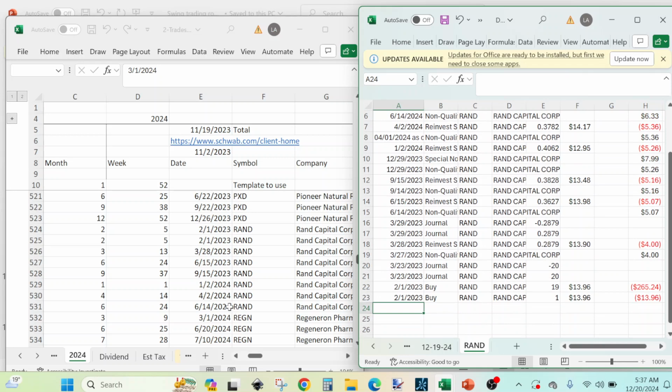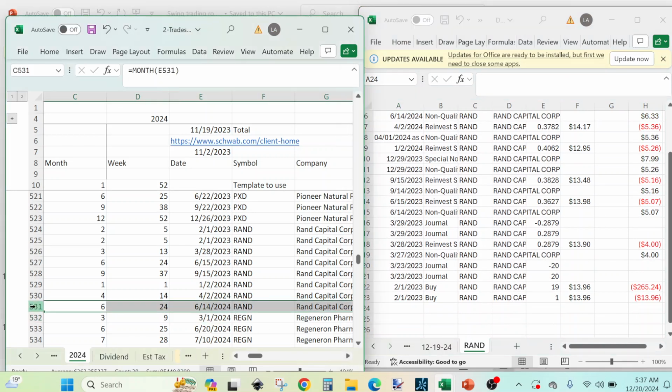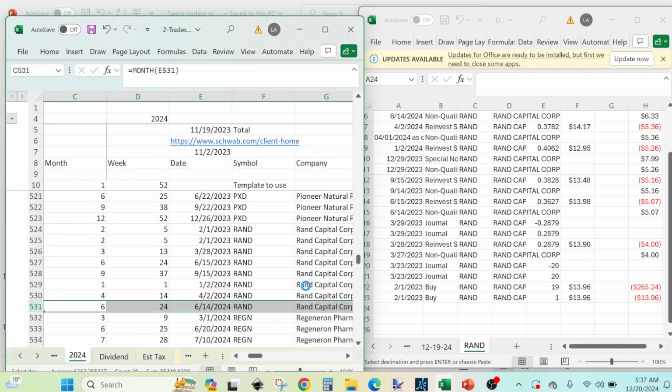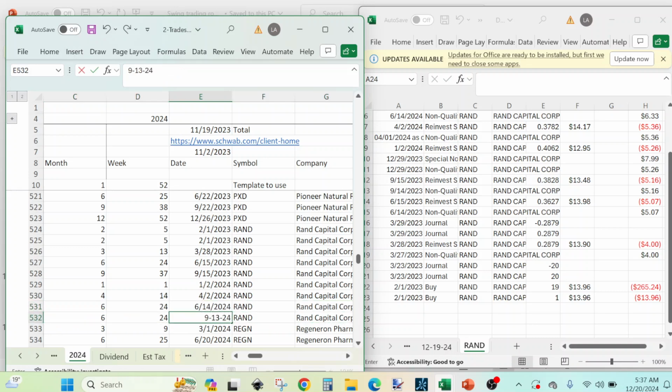So where are we here? So we are going to copy one more and insert it there. 9/13/24.